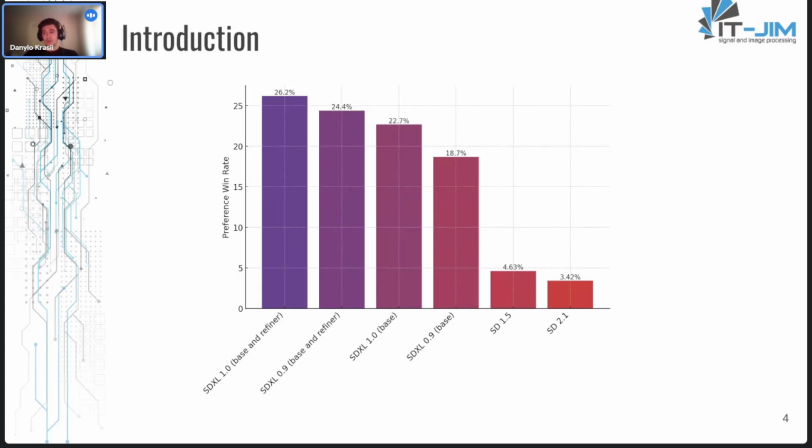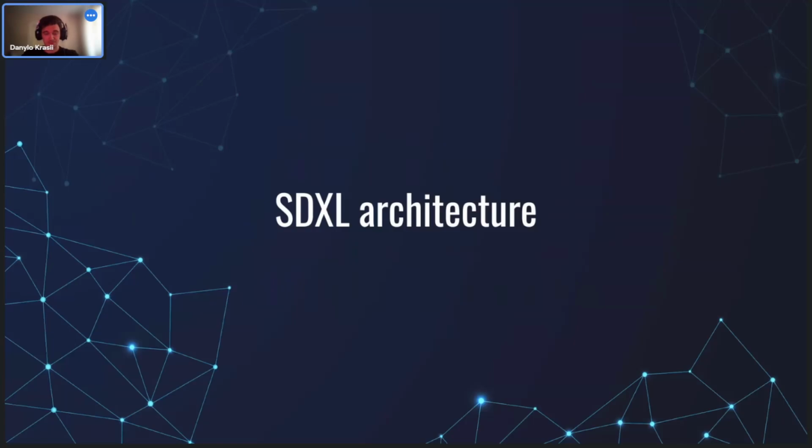But Stable Diffusion XL has shown its superiority compared to previous models, and now the CivitAI model site is teeming with fine-tuned and personalized Stable Diffusion XL models. So let's see what contributed to such significant improvements.